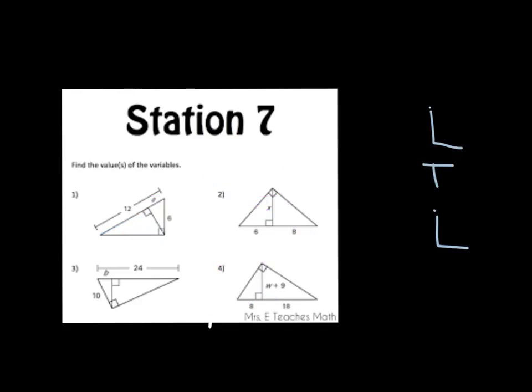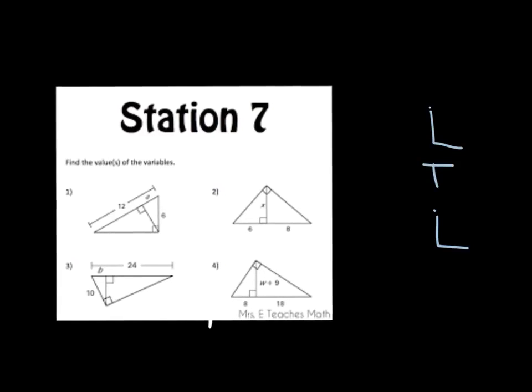And now, since we have another problem with the T rule, I will show you guys how to do that. So we're going to go 6 over altitude and then altitude over 8. Or 6 over x equals x over 8. Which I will draw out. And now all we have to do is solve it.